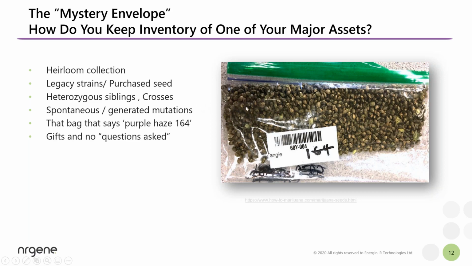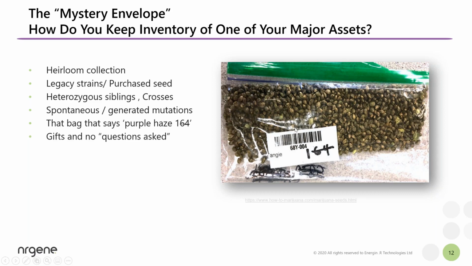You have mutations, also generated or intended. And then you have that poorly labeled bag that says Purple Haze 164 with a cross that you're not really sure what it is, but you don't want to discard it because you think it might have excellent genomics. On the other hand, you can't really grow all of them out and do expensive phenotyping. So you just keep the bag and wait for the right moment.